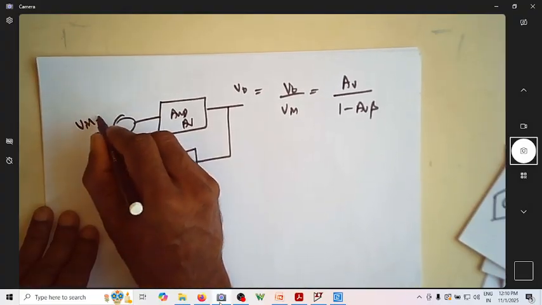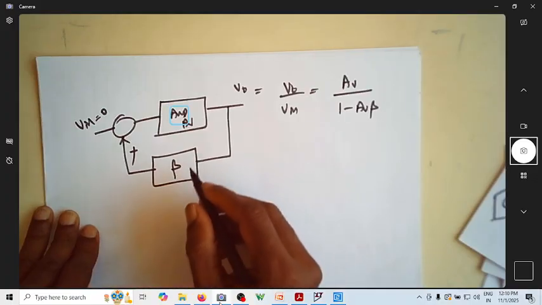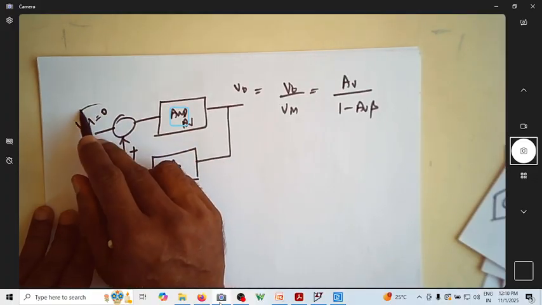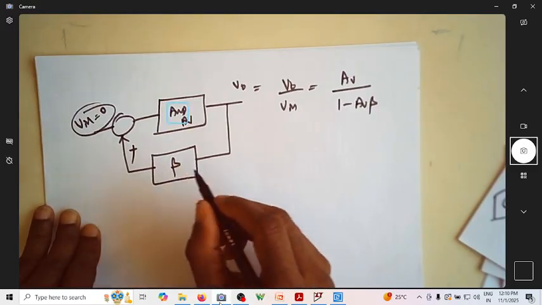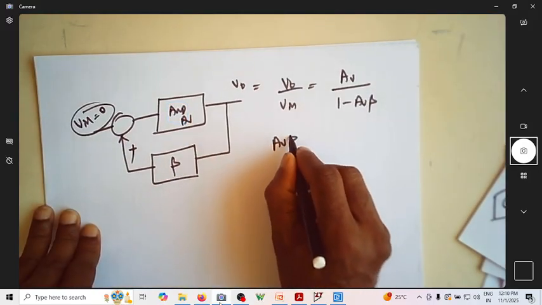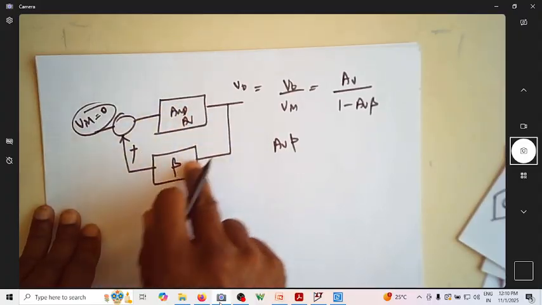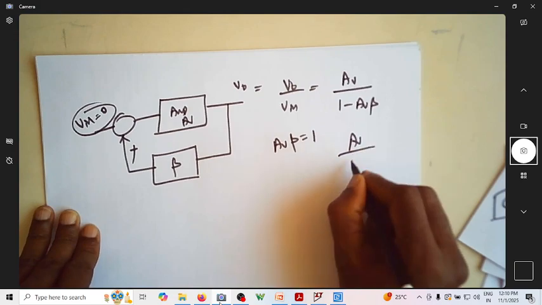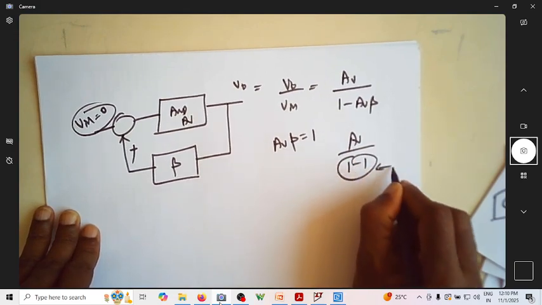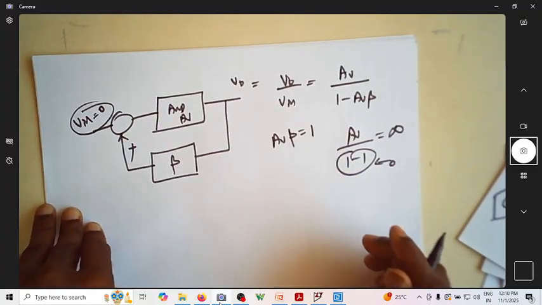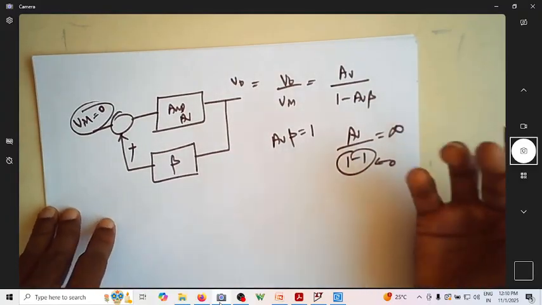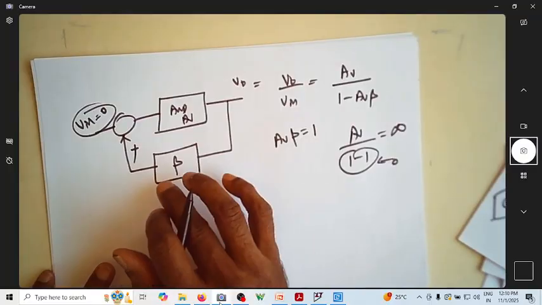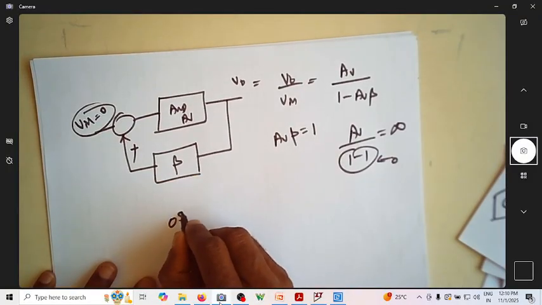Assume that you don't give any input voltage. If you make AV beta, which is nothing but the loop gain, equal to 1, do I have a condition where 1 minus 1 is equal to 0 and you may get infinity as the overall gain? So this is the condition for getting oscillations.